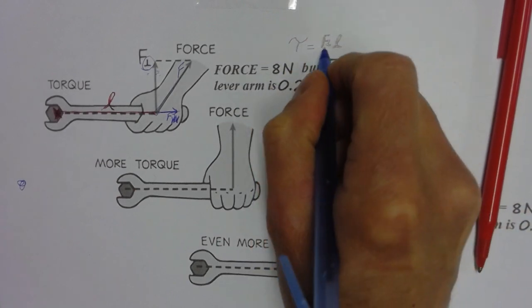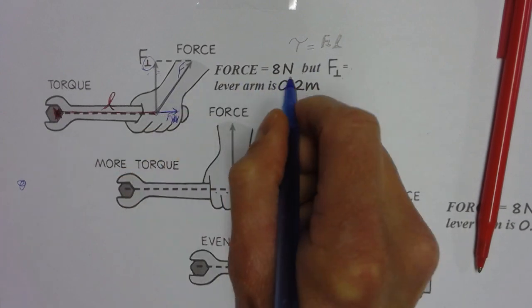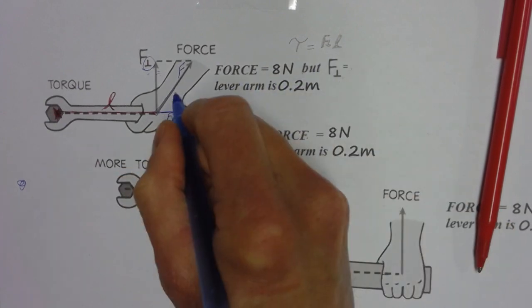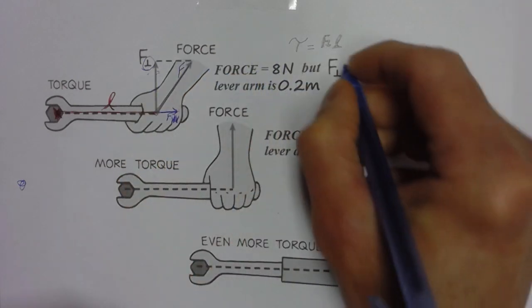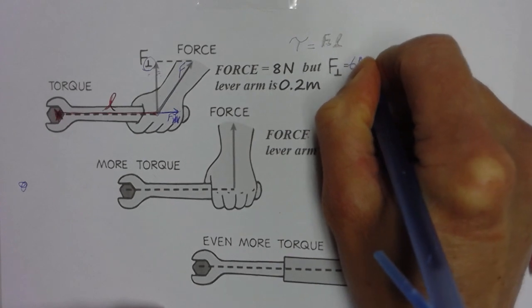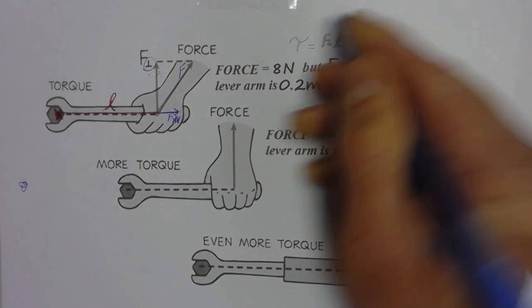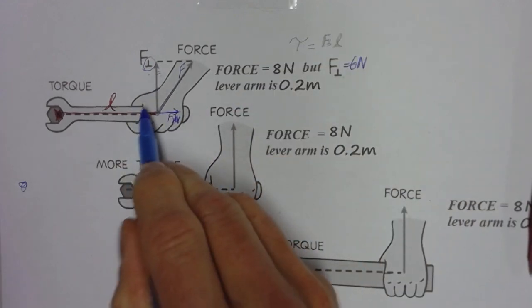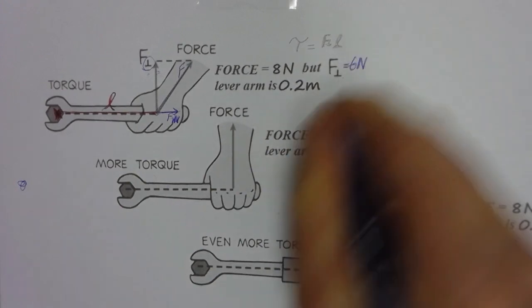So we take the product of the force perpendicular times L. Now I'm saying here this force is 8 newtons. This perpendicular portion is smaller than that. So in this case I'm going to say it's 6. The way we would figure that out, we could use trigonometry, but you won't have to do that in this course. You just need to know that it's only the perpendicular component that causes it, and we'll give you that perpendicular component.